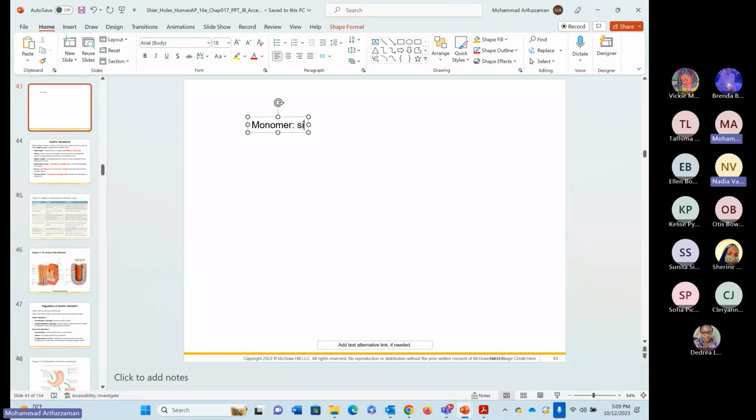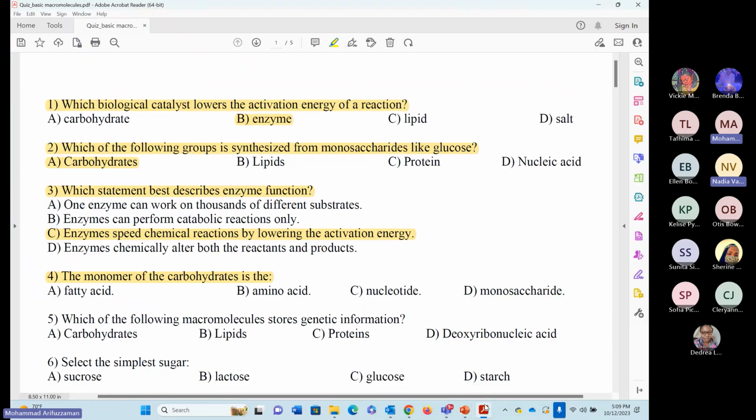Yes, a single subunit. Mono means one, a single subunit, and polymer means many. Yes, many subunits, that means large molecules. So the monomer is the simple subunit.